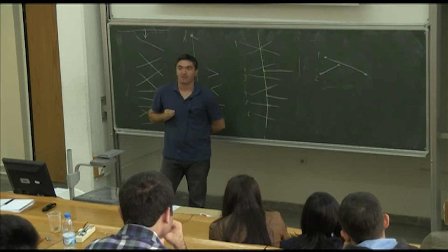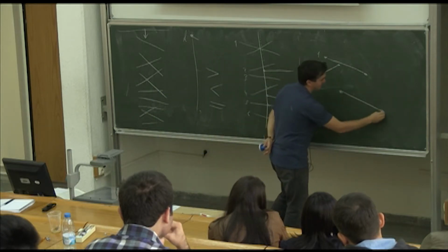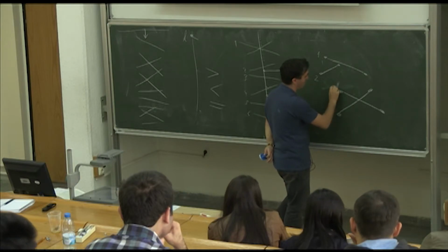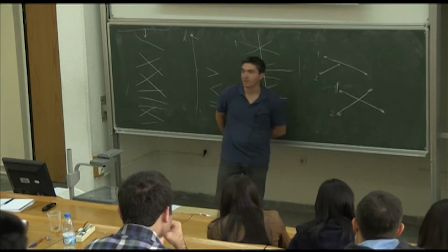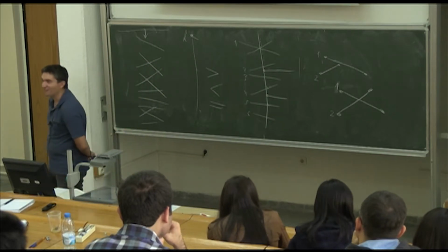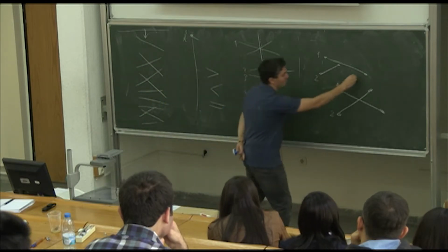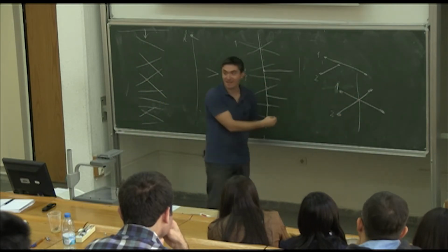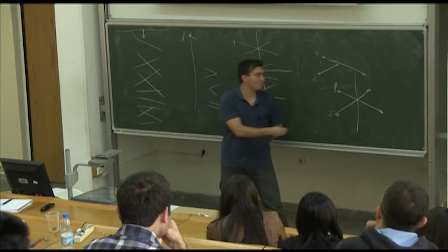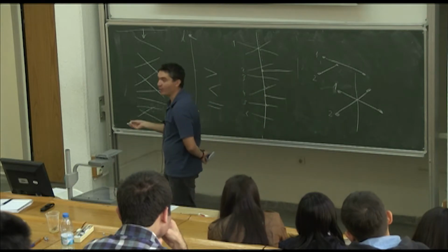The problem is, for line segments that intersect, which one is on top of the other is not defined. Actually, it changes. To the left of this intersection point, line segment 1 is on top of line segment 2. To the right of this intersection point, line segment 2 is on top of line segment 1.